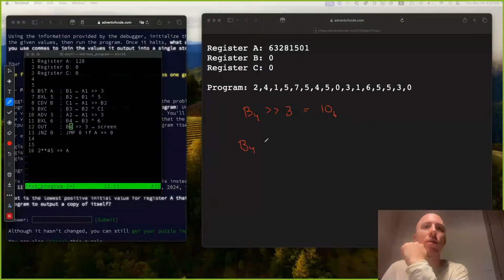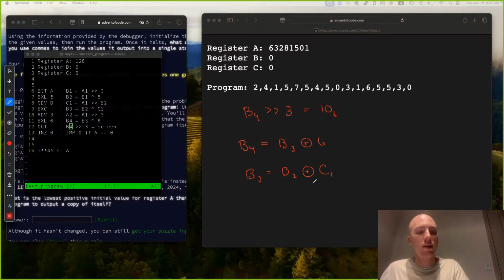It's almost like we have a system of equations here. B4 is equal to B3 XOR 6. And we have that B3 is equal to B2 XOR C1.